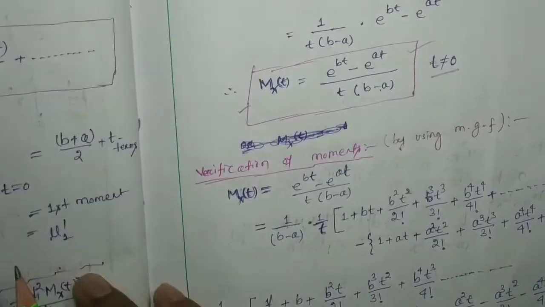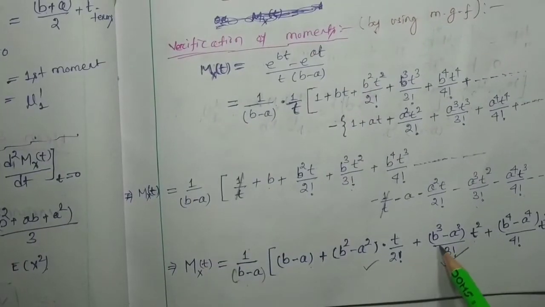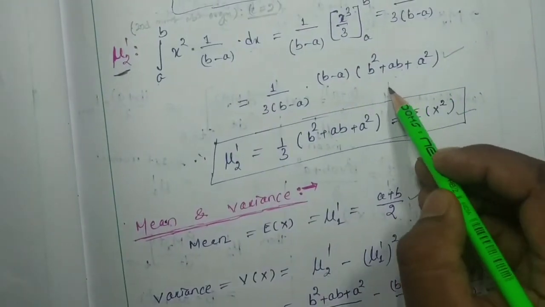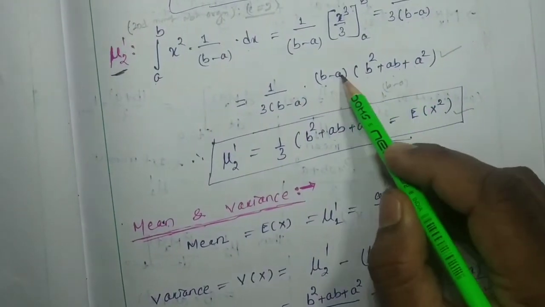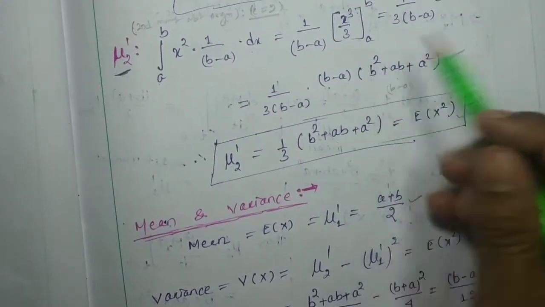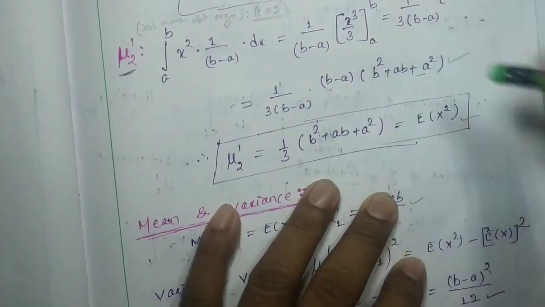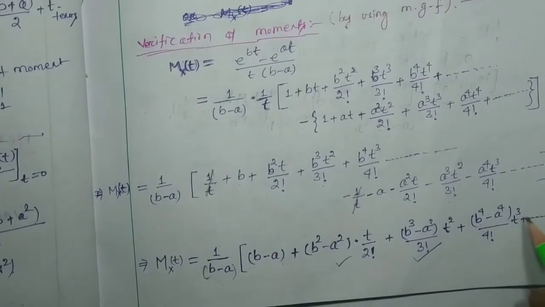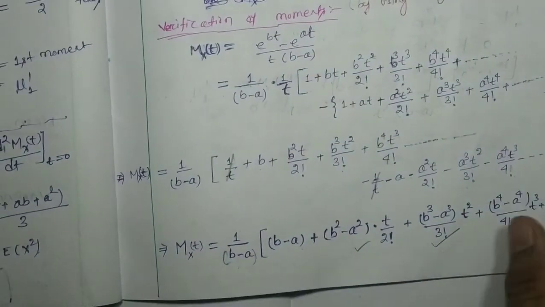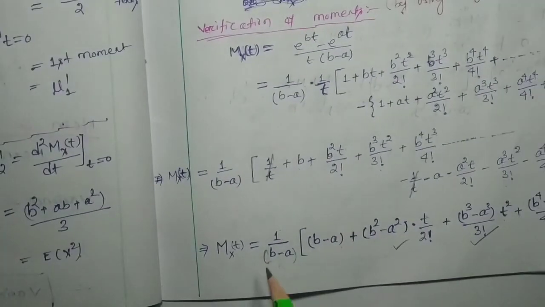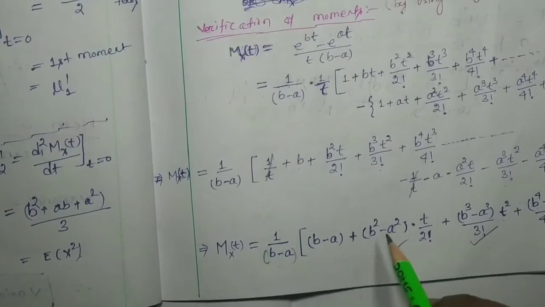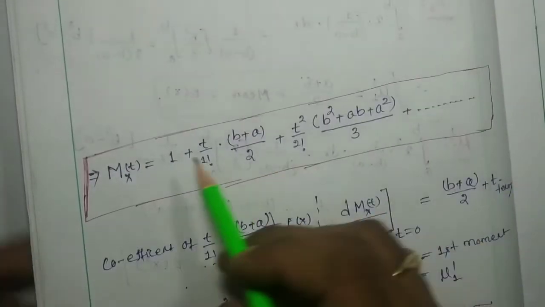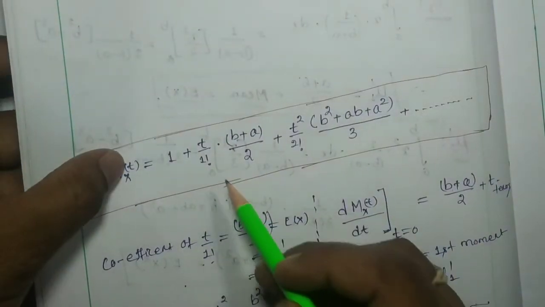So if I am going to divide this by b minus a, then b minus a will get cancelled, and we are going to get this value. Okay, and I am not going to consider higher order terms, because I am trying to find out the first and second moment. So by dividing b minus a with this and this, we found that 1 plus t by 1 factorial, right, into b plus a by 2.